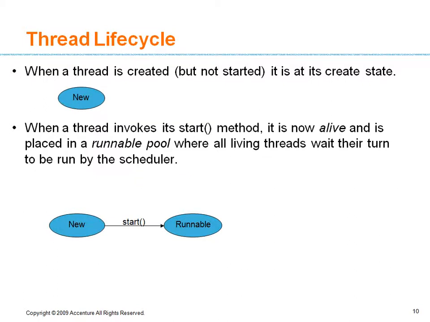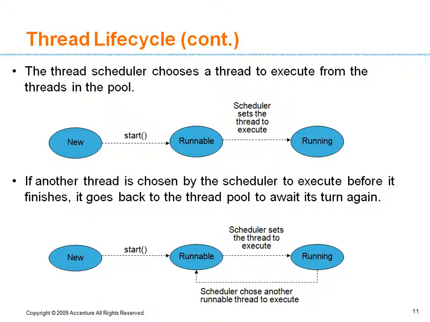Then after some time, thread scheduler will decide to execute that particular thread. Then when the thread is executing, we say that it is in running state. Then let's assume our scheduler is following round robin algorithm.